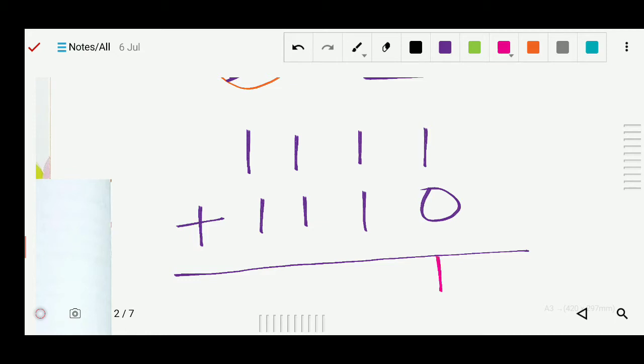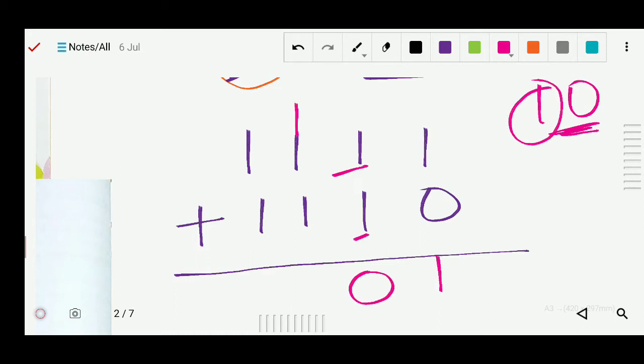Now 1 plus 1 is 10. So this 0 we will write here, and this 1 will come as a carry to the next column.